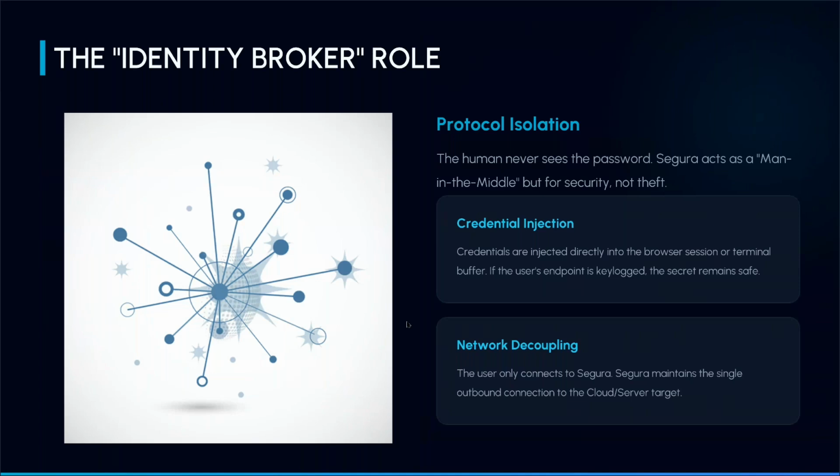Okay, so the secret will remain safe, and we have an isolated network because the user only connects to Segura, and Segura maintains a single outbound connection to the cloud server or your on-prem server through a proxy. So the security issue on your endpoints will not spill over to your core networks because the network is decoupled by Segura as the middle of those PAM.